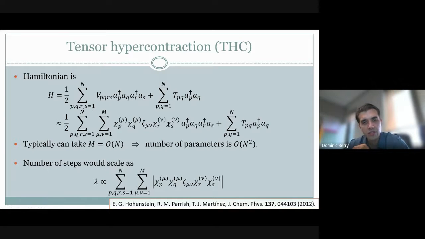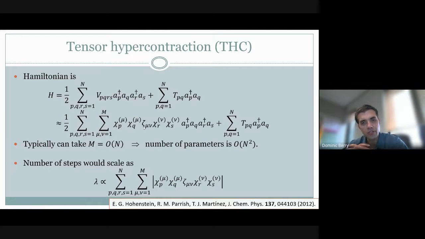The chi is going like n times m, and the zeta is going like m times m. So m is the truncation for the THC representation. And surprisingly, it turns out that you can take that to be order n typically as well, which gives you a number of parameters which is just scaling like order n squared.